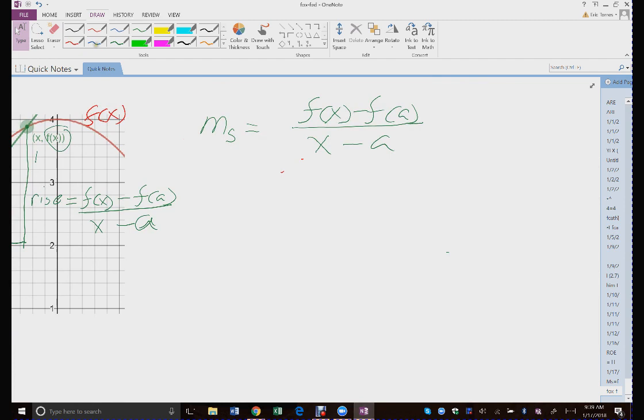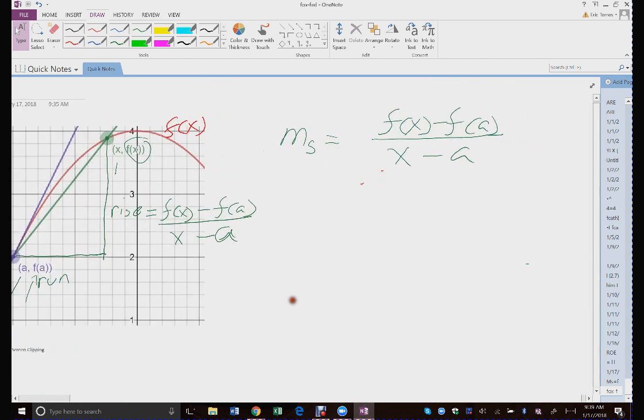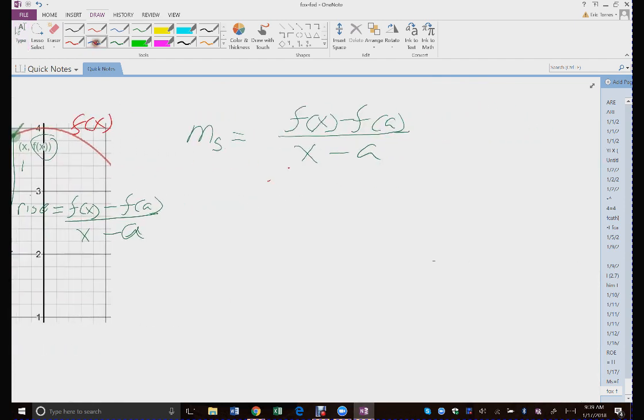Then my argument, and what color was the tangent, purple, so we'll go with blue, is that the slope of the tangent line is going to equal the limit as x, my second point input, approaches the first one.